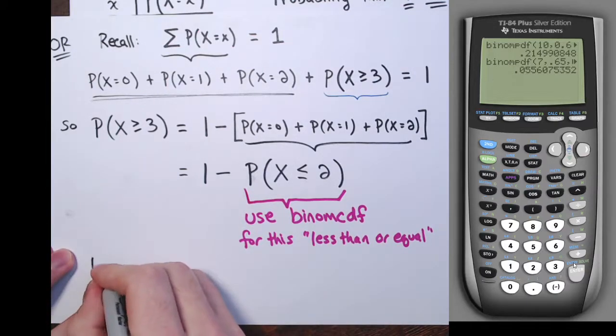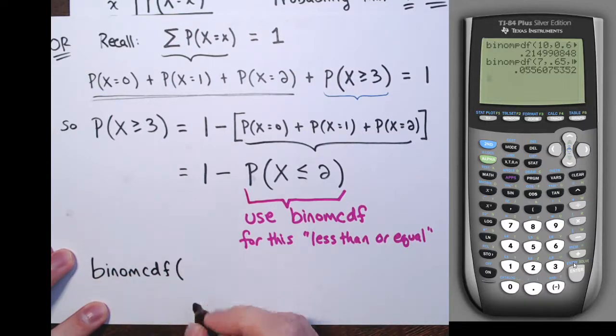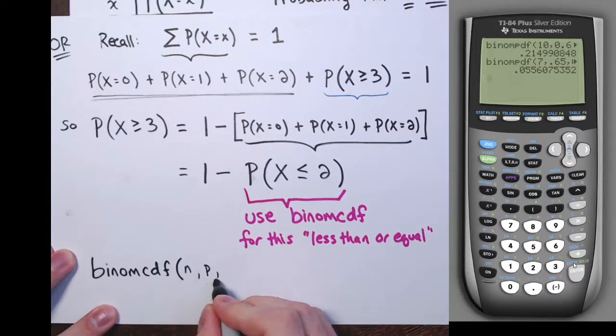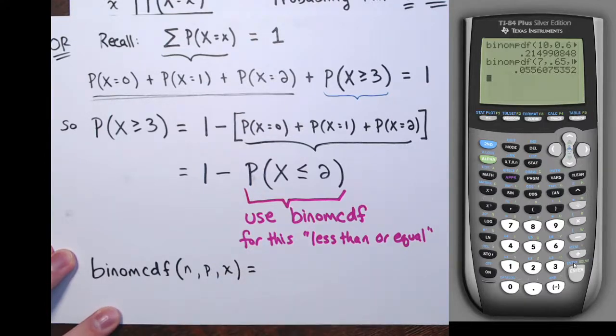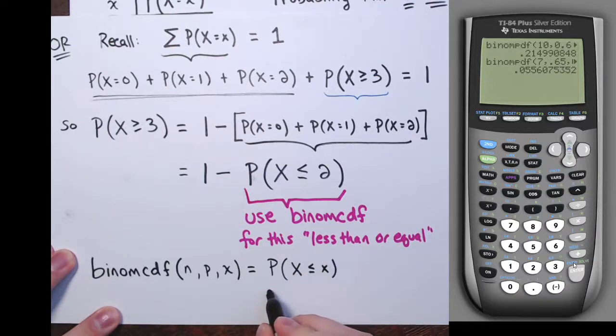Okay. Now, the binomial CDF, when you enter a number of trials and a probability of success on each trial, and then a number of successes, this gives me the probability that x is less than or equal to x. It basically adds up from 0 to 1 to 2 to 3, all the way up to x, whatever x is.